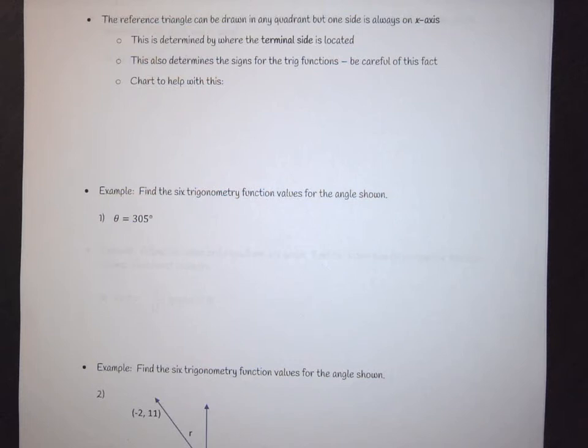Now, where you draw your reference angle or triangle is going to help determine the sign of your trig function.